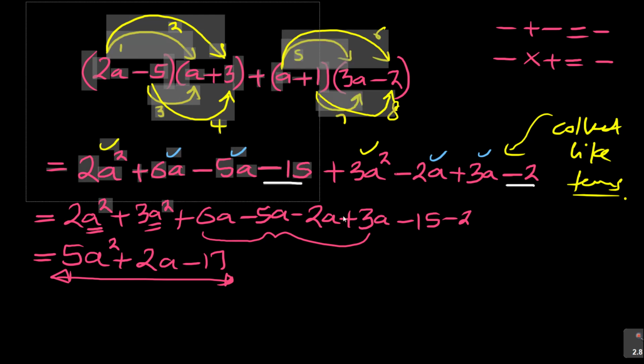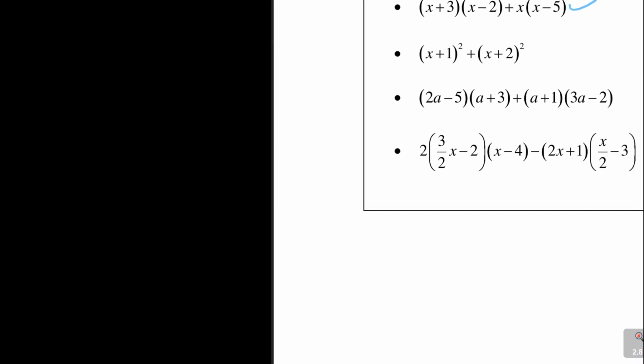Alright, so that being done, let's focus on the next one. I think it's almost done. There is the last one for the day. Look at this. I'm given here 2, and then I've got 3 over 2x, minus 2, and then x minus 4.